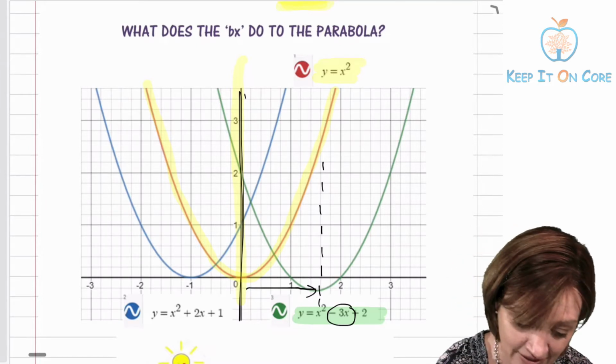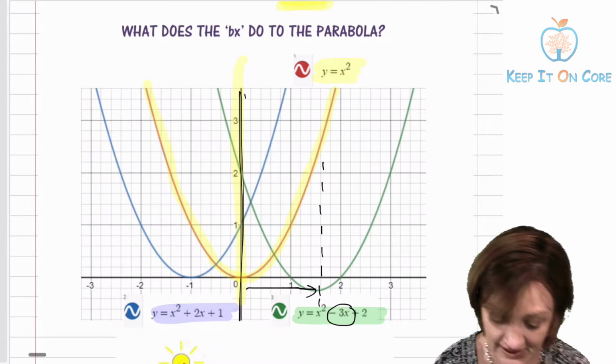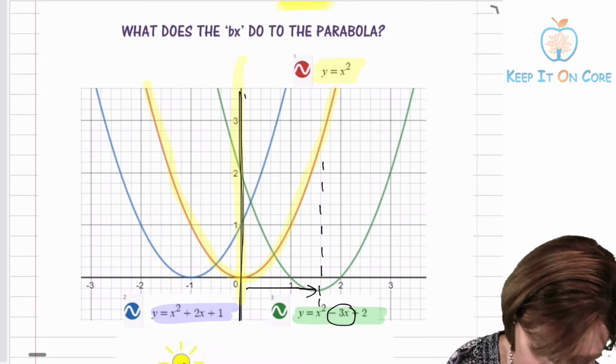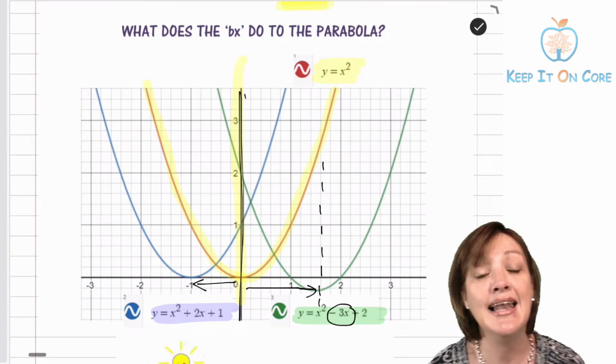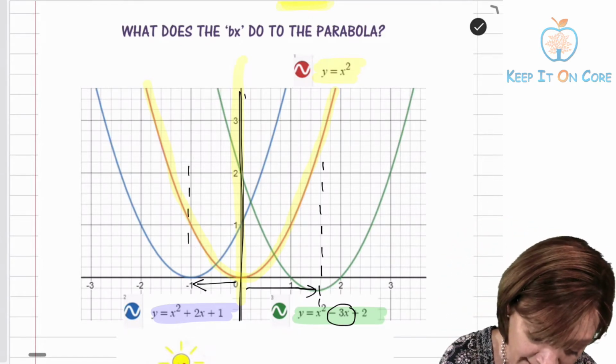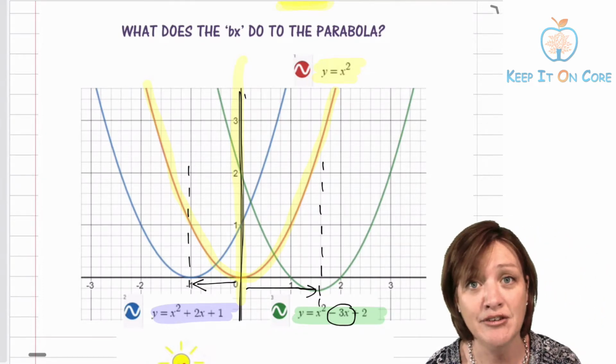Let's take a look at another example of an equation. Let's say we took y is equal to x squared plus 2x plus 1. Can you see that this graph has shifted to the left? By shifting to the left, we're now landing up with a negative axis of symmetry that we're going to have to find the value of.